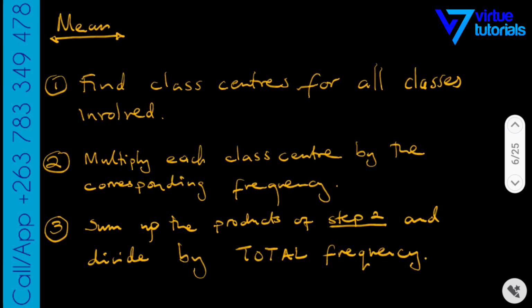Now let's proceed to the mean. If you're going to find the mean for grouped data, because we have groups, the first thing you need to do is to find class centers for all the classes involved.